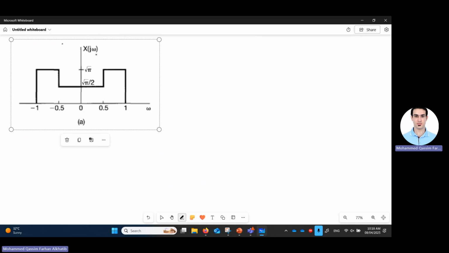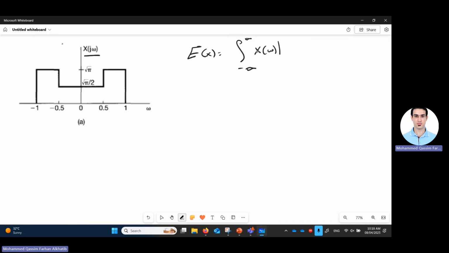So we know, since it's given in the frequency domain, the energy of x equals the integration from negative infinity to infinity of the amplitude of X of omega, in case we have, let's say, complex values, squared d omega. An important part here is to scale by 1 over 2 pi.